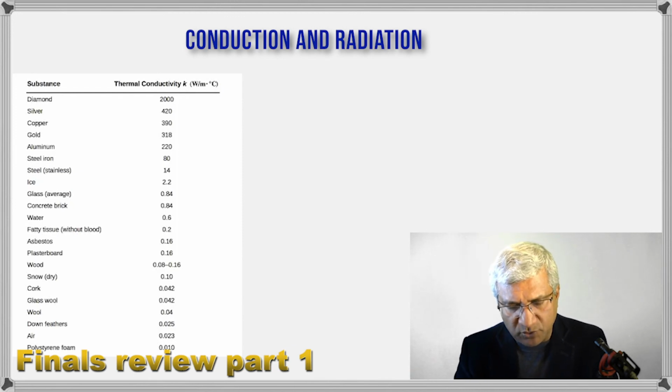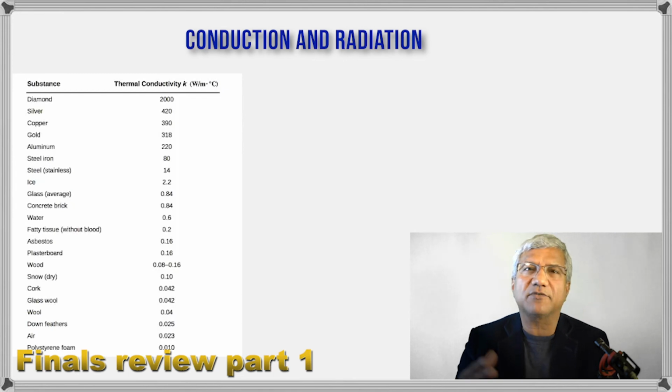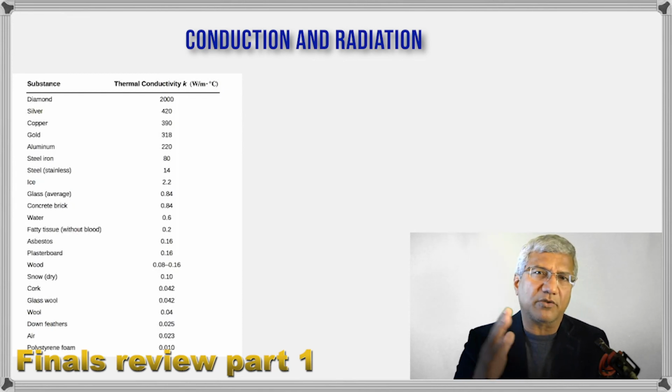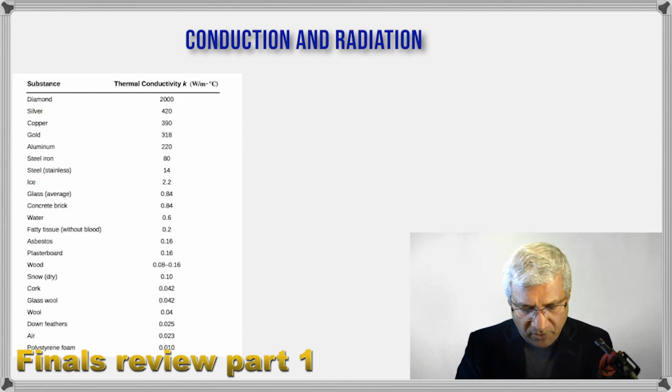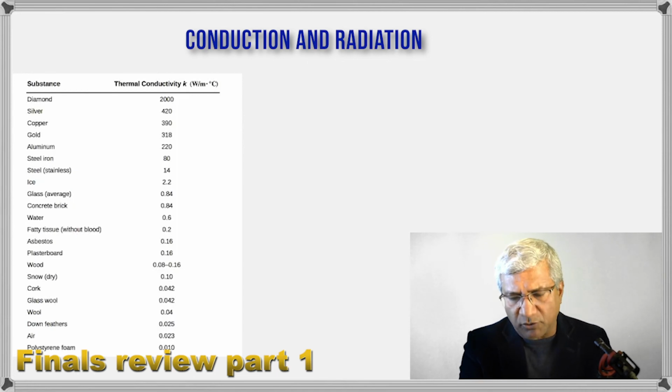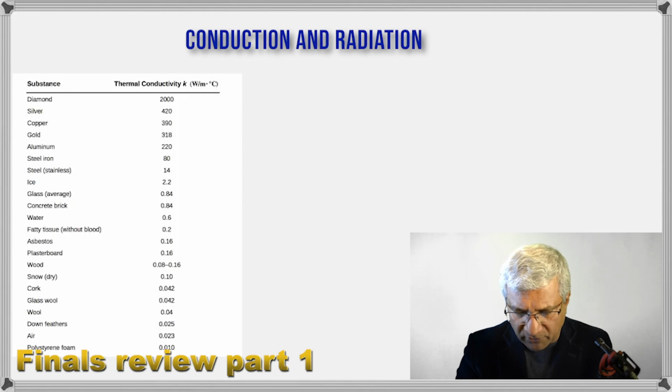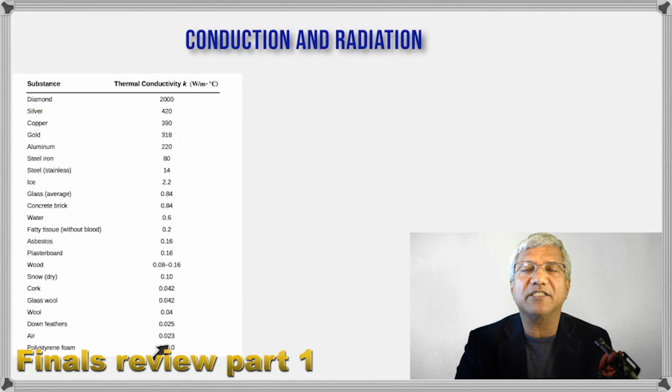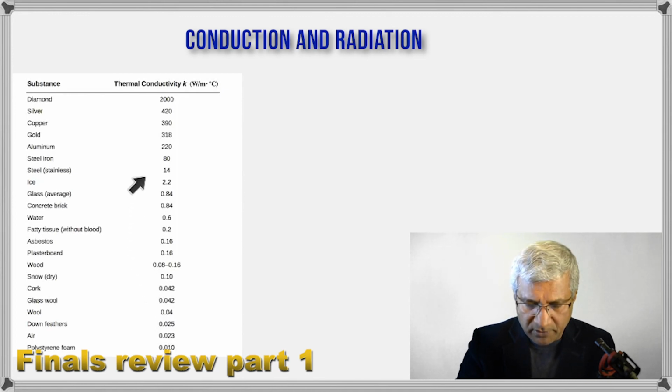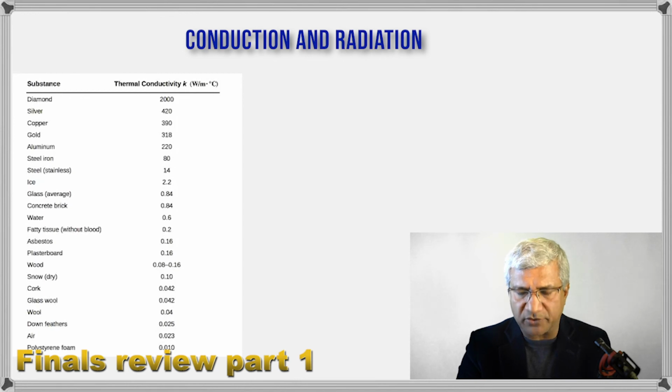So diamond has 2000, a very high thermal conductivity. That means it conducts a lot of heat fast. But when you come down to air, look at air. It's 0.023, right down there somewhere, which means air is a very bad conductor of heat. It's an insulator. So you have all those values there.